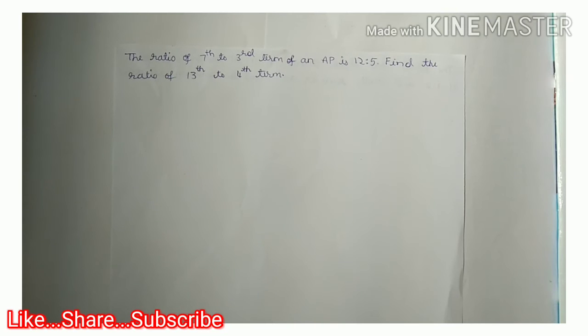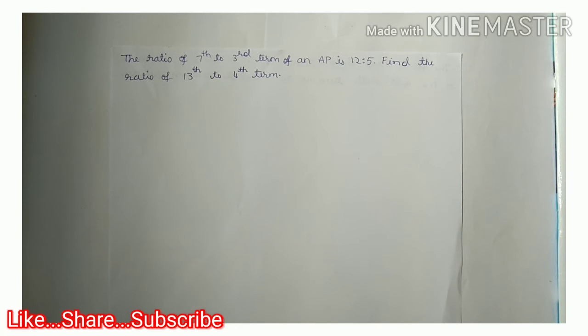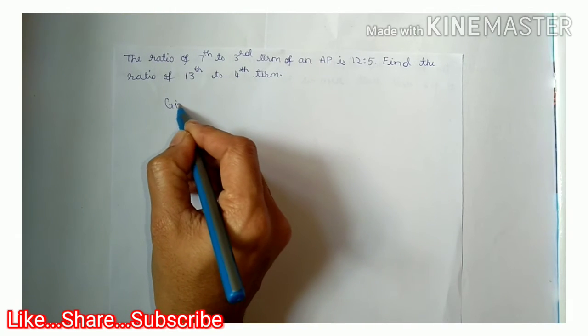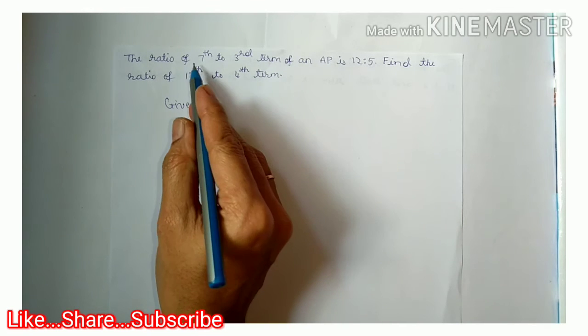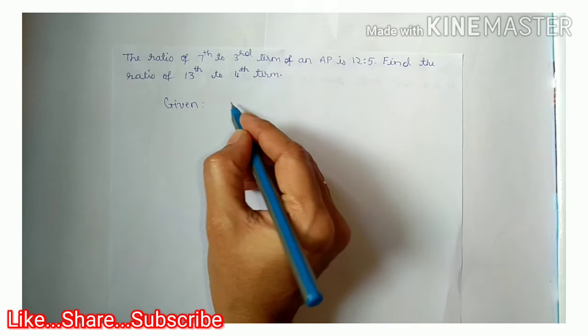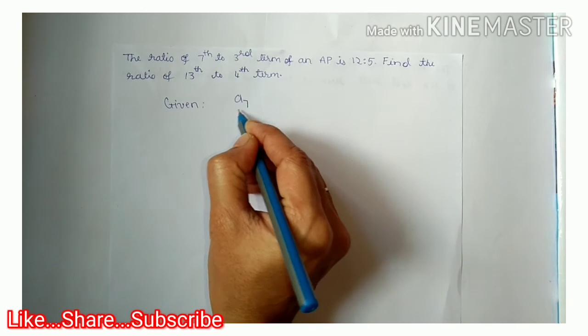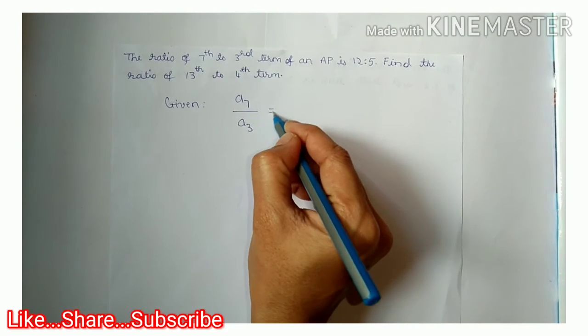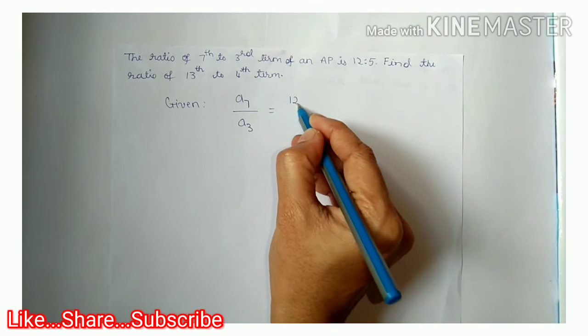Next example: the ratio of 7th to 3rd term of an AP is 12:5. Find the ratio of 13th to 4th term. Here given the ratio of 7th to 3rd term. 7th term A7, 3rd term A3, ratio is given 12:5.